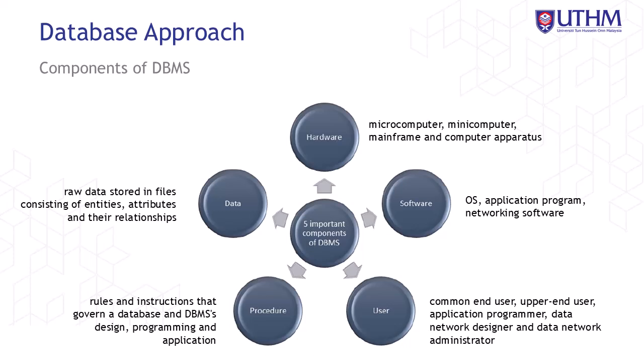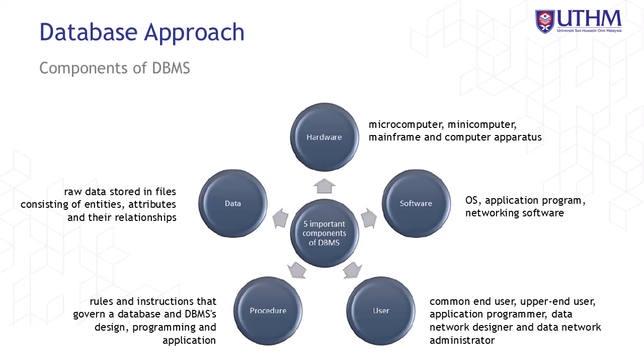As for the users, there are different types of users interacting with the DBMS, such as database administrators, developers, end users, and system analysts. Each group has different access rights and roles within the system, such as creating, updating, or querying data. As for the procedures, these are rules, guidelines, and instructions that define how data is managed and used within the DBMS.